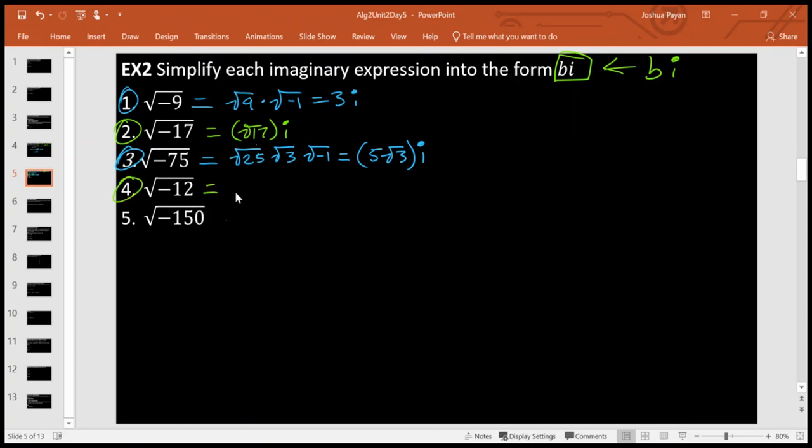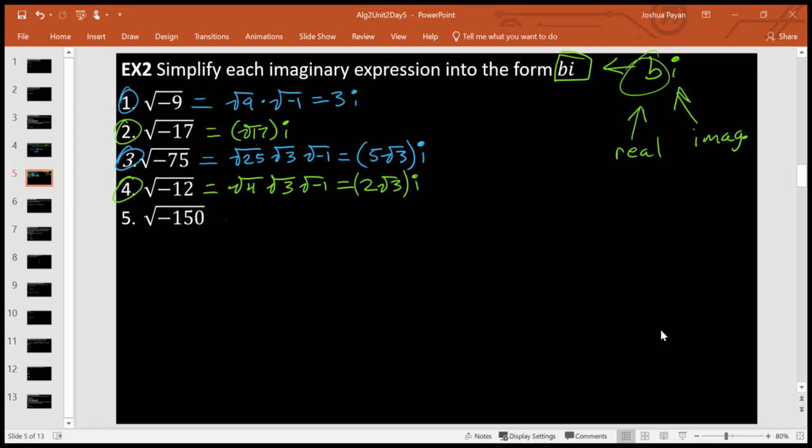I can factor the square root of 12, right? I can say this is the square root of 4 times the square root of 3 times the square root of -1, or just 2 square root of 3 times i. And I always like, so this b right here is a real number, right? And this is the imaginary component. This is the imaginary unit, right?